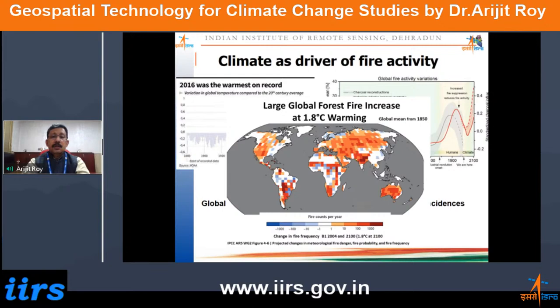So you can see that the various models have shown that there will be a large-scale increase in global fire incidences at around 1.8 degrees centigrade warming. And areas like the Central Indian region, some parts of Africa and Latin America are going to see the frequency of fire incidences more than 1,000 times the baseline, which is basically 1850.